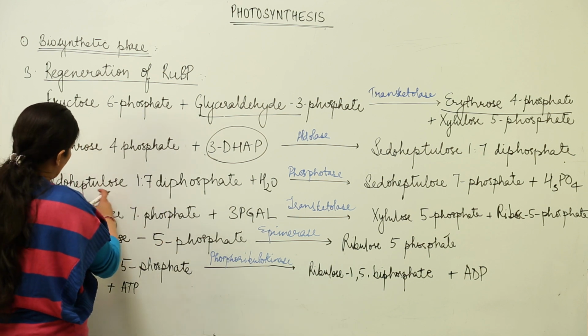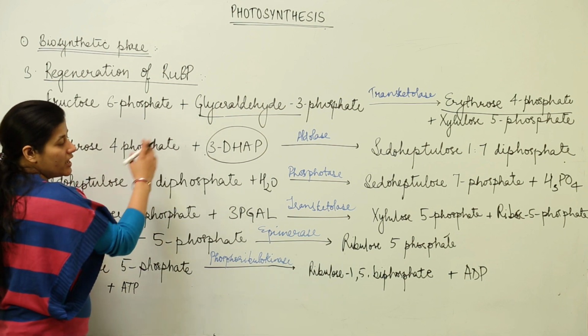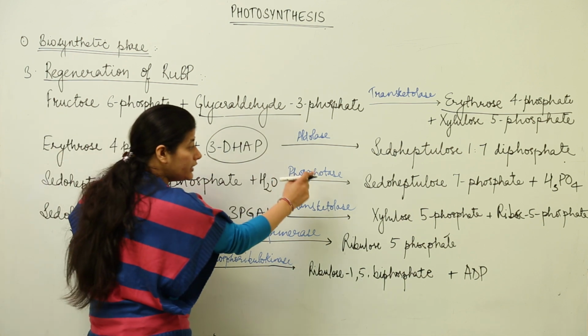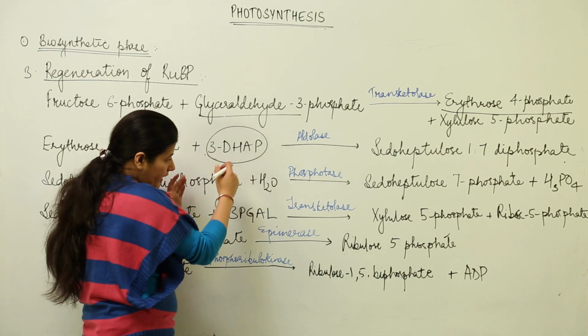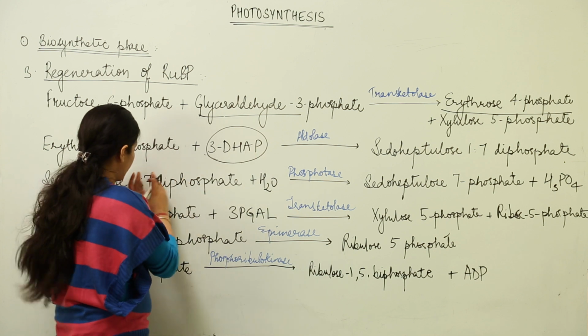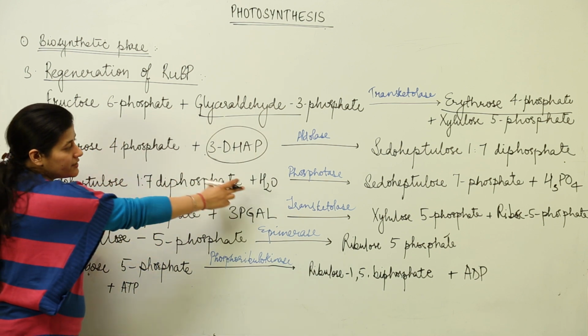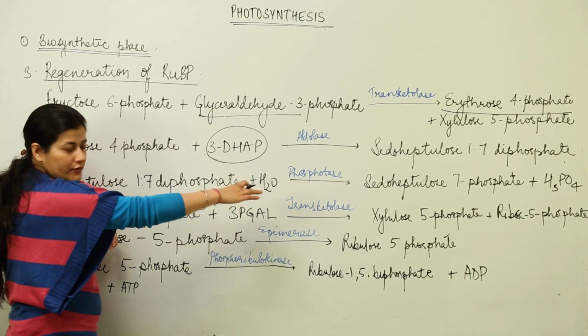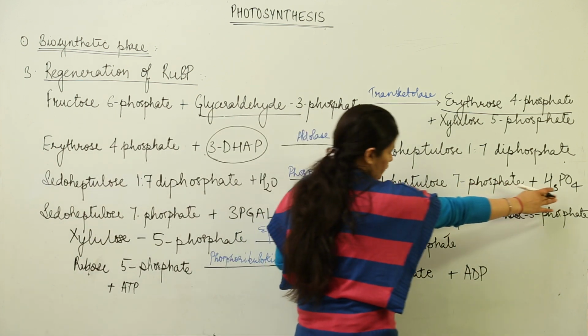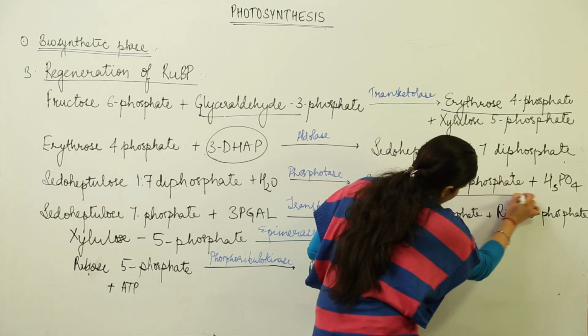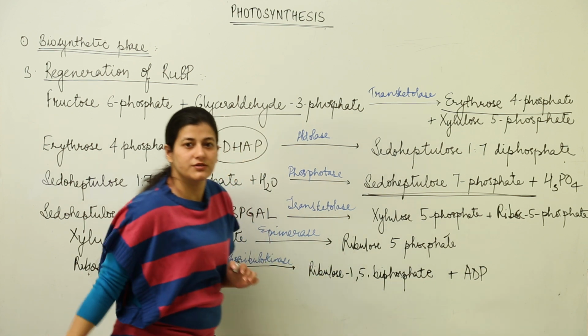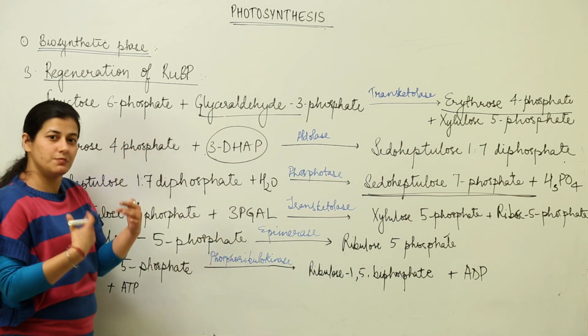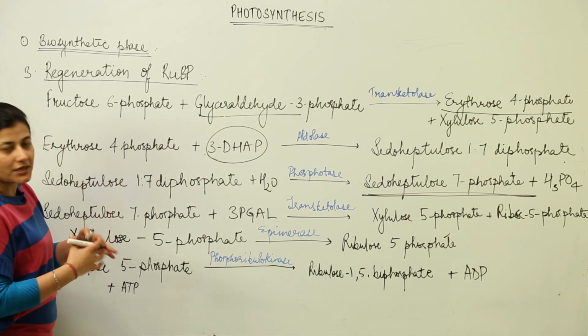Now, next what we have is sedoheptulose combining with water in the presence of phosphatase and getting rid of one of the phosphates which was present at the 1 and 7 position. It combines with water, there is phosphate removal and we have phosphoric acid. This is formed: sedoheptulose 7-phosphate. Please remember the reactions, memorize them, don't get into details.